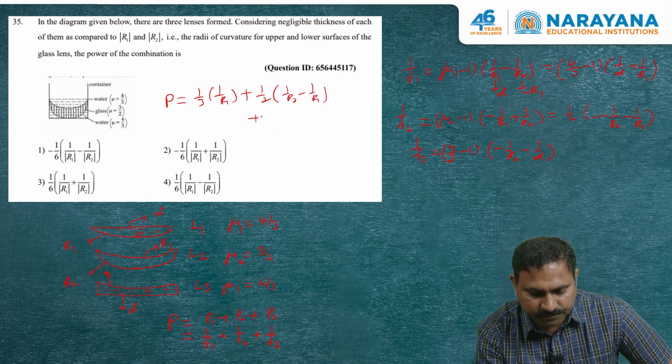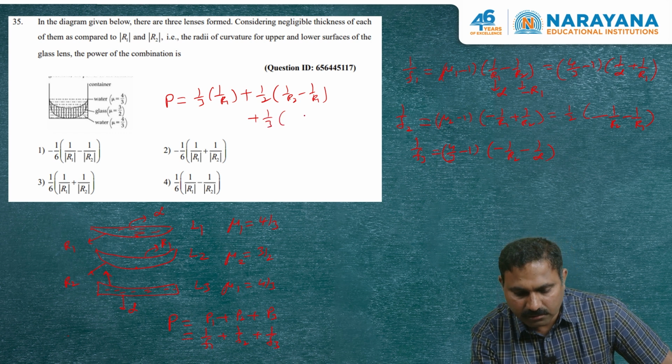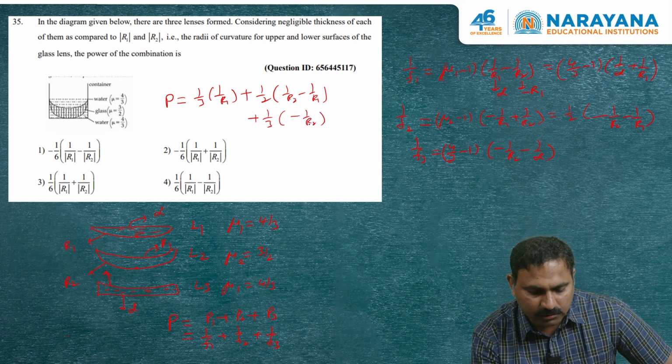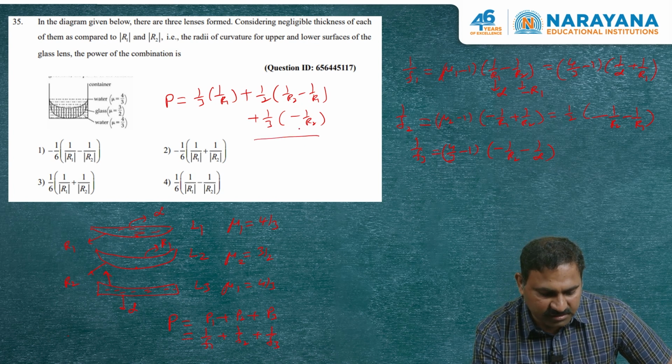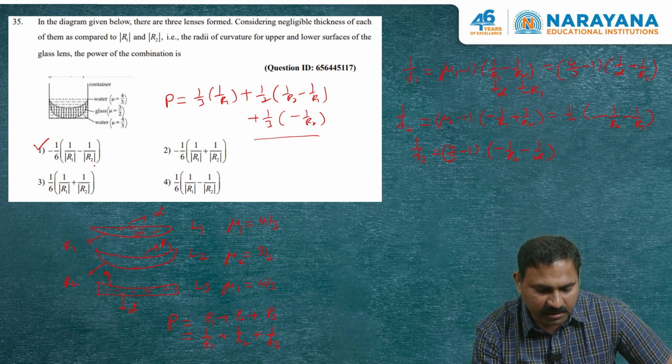This gives 1 by 3 into minus 1 by R2. By simplifying this expression, finally it comes out to be the first option, minus 1 by 6 into (1 by mod R1 minus 1 by mod R2).